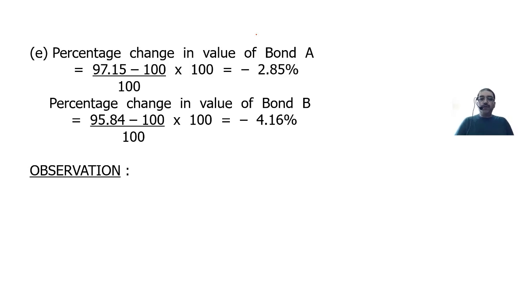Bond B is having 7 years, bond A is having 4 years. So the percentage change in bond B is more than in bond A.